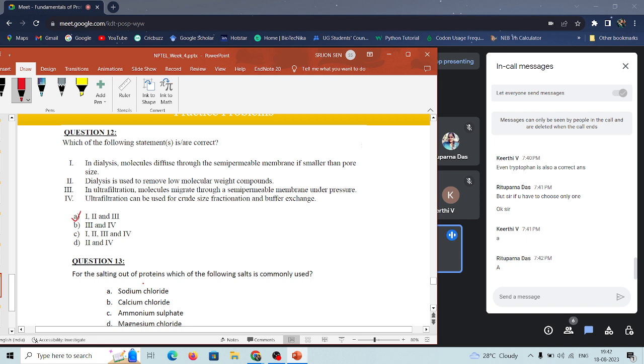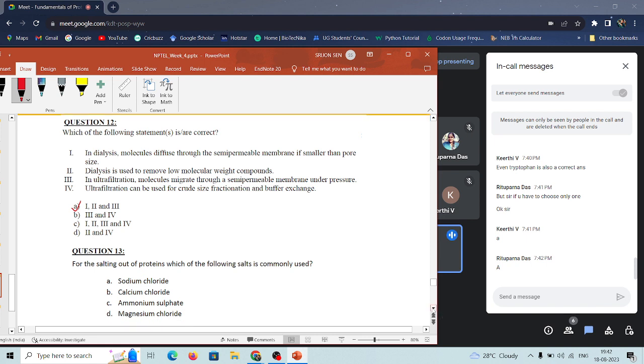Question number 13. For salting out of proteins, which of the following salts is commonly used? So try to recollect from the Hofmeister series.